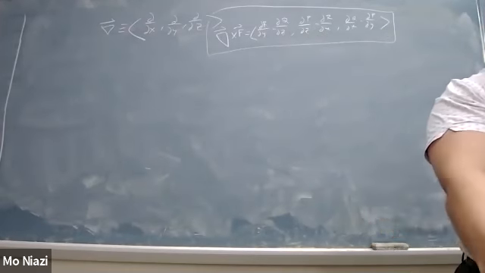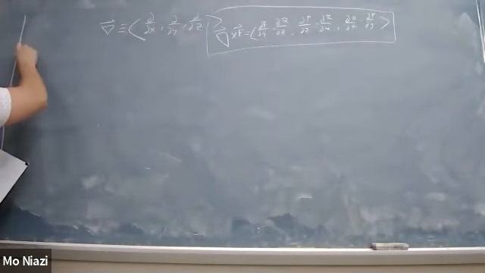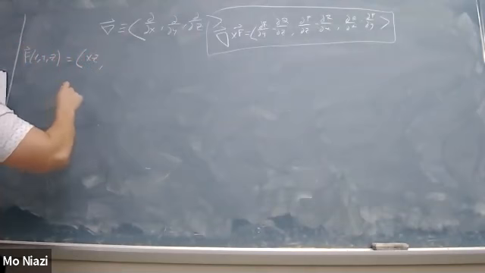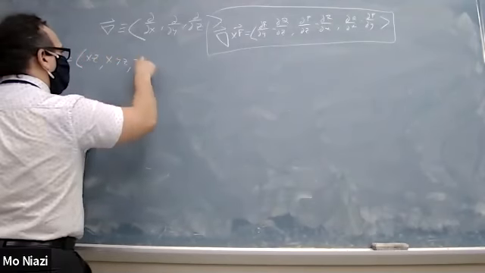All right. Now, let's actually apply it to a concrete example. What if our F of x, y, z, our vector in 3 dimensions, is parameterized by xz, xyz, and minus y squared?